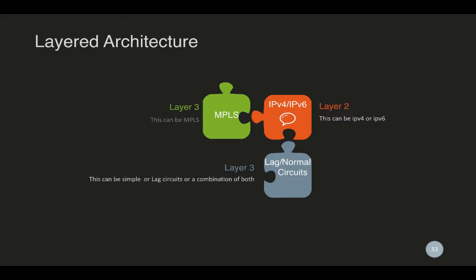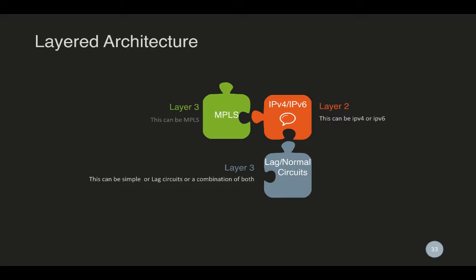You don't have to write a complete IPv4 test case with lag in it. If there is a lag test case already that brings up a lag group, you can use that in your IPv4 test case and build things on top of it.